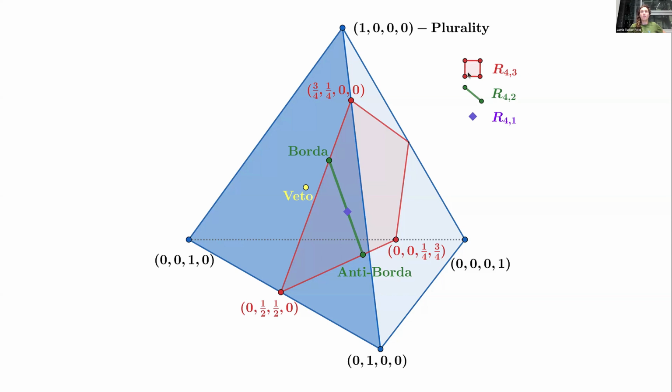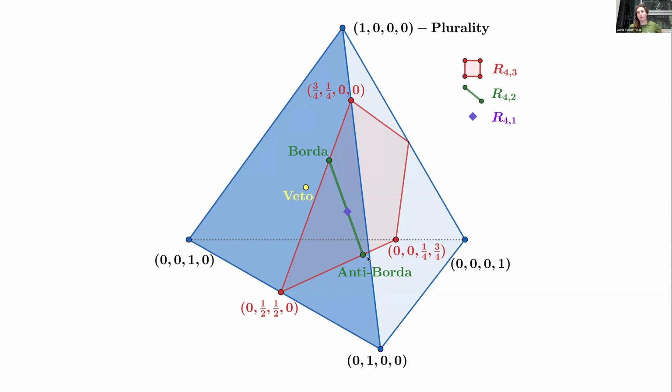Then we have these subspaces of what you can do with queries of size 3, 2, and 1. In the middle is kind of this trivial voting rule. It's not even really a voting rule. It just gives everyone equal score, so it doesn't actually decide anything. With queries of size 2, as we've seen, we can do Borda. Essentially that's it. There's Borda, and then there's anti-Borda, which is selecting the person with the lowest Borda score.